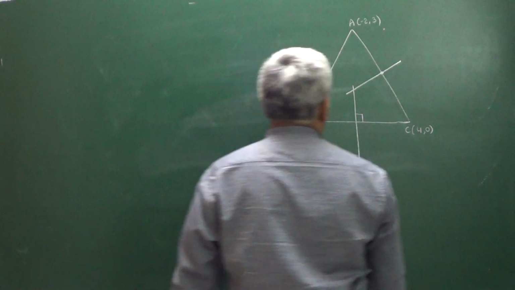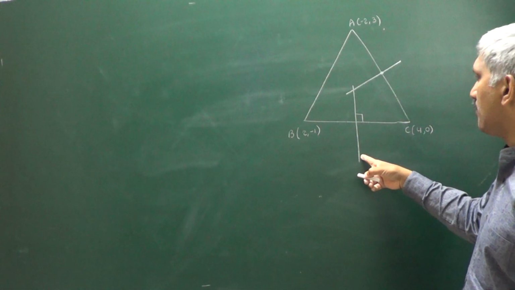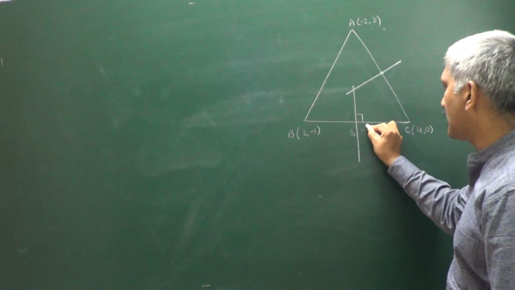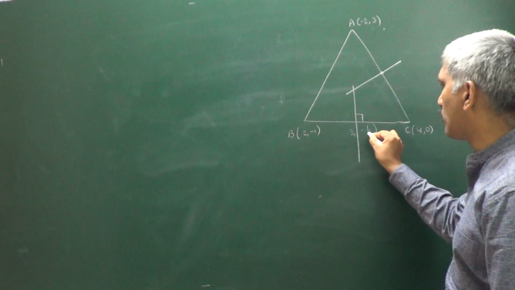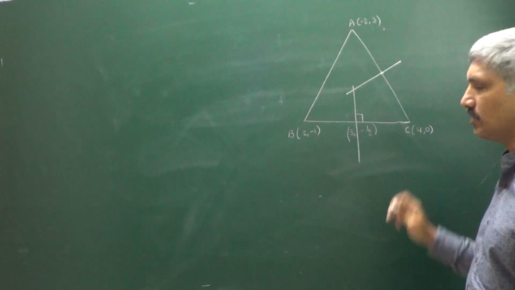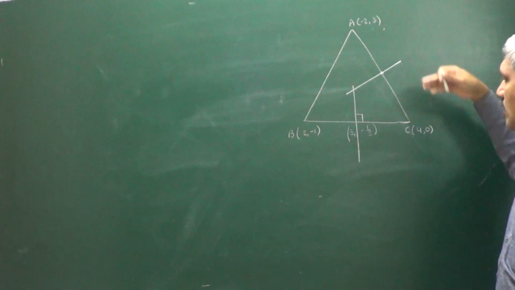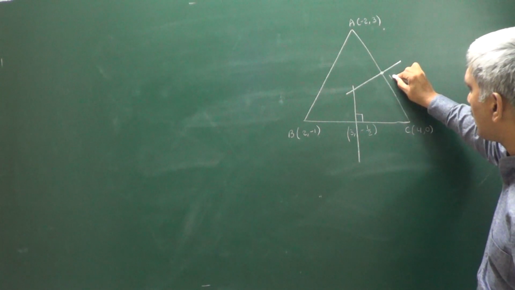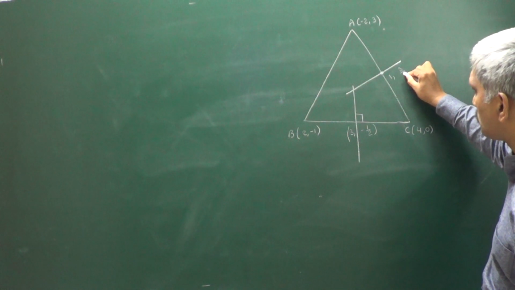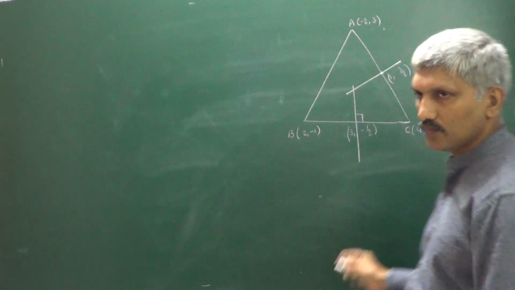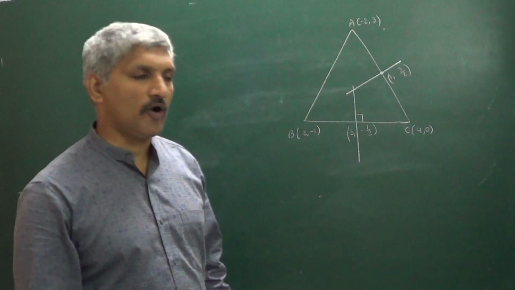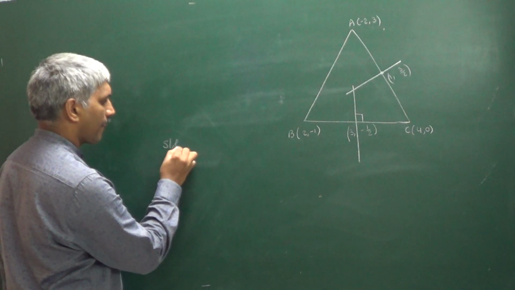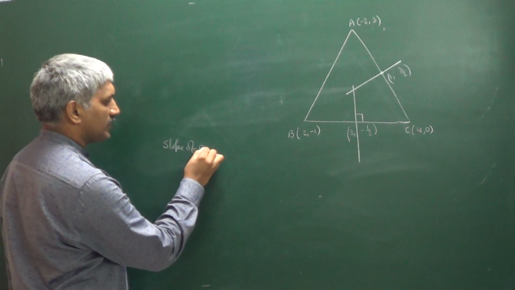Come on, tell me, what is the middle point? The midpoint of the side BC is (3, -1/2). What about the midpoint of the side AC? The midpoint of AC is (1, 3/2). Okay, I found the middle points. Next, what is the slope of BC?